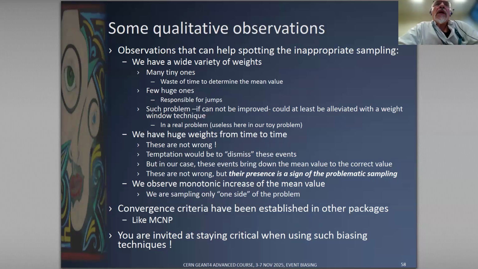And we have few huge ones, which are responsible for this jump in the mean value convergence. So these are signs that you are not properly sampling the problem. You are missing part of the problem that you are not sampling enough, and which are causing, in fact, these large weights to come.